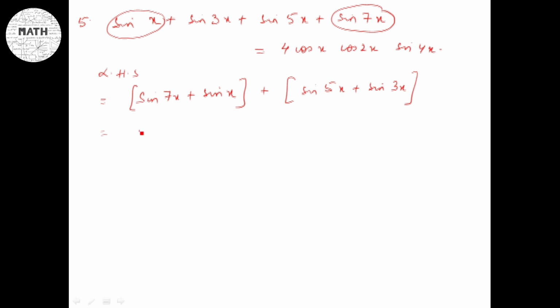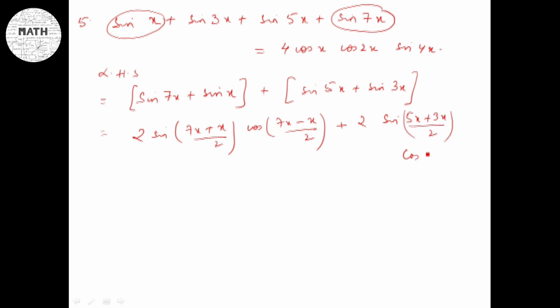If you apply the formula, you'll get here 2 sin x plus y divided by 2 cos x minus y divided by 2. And similarly for this one, 2 sin 5x plus 3x divided by 2, and then cos 5x minus 3x divided by 2.